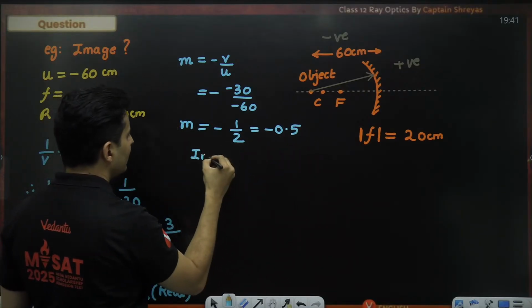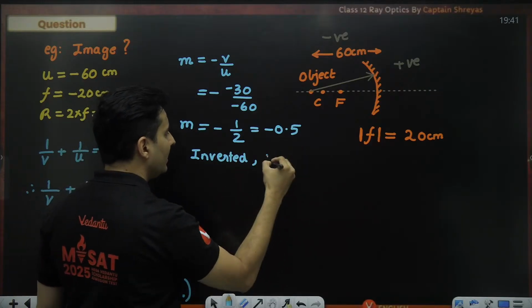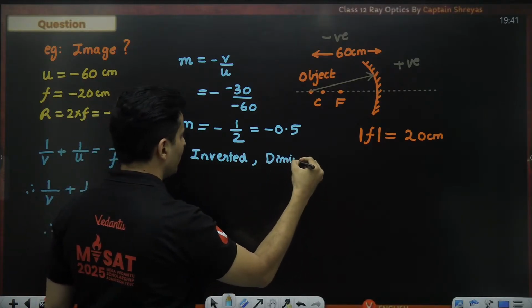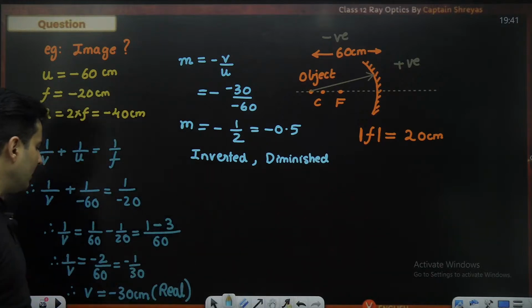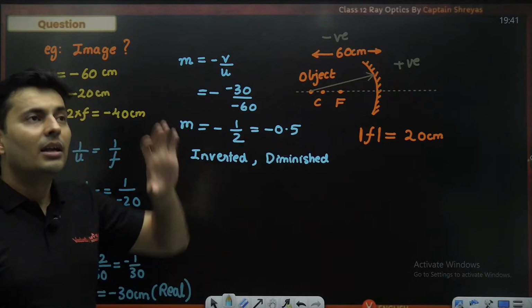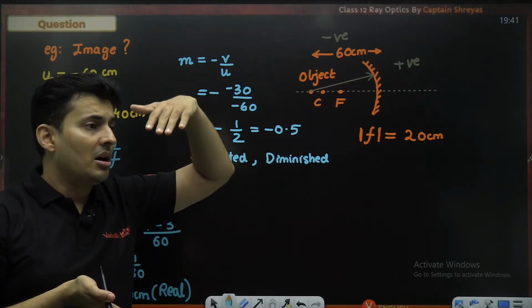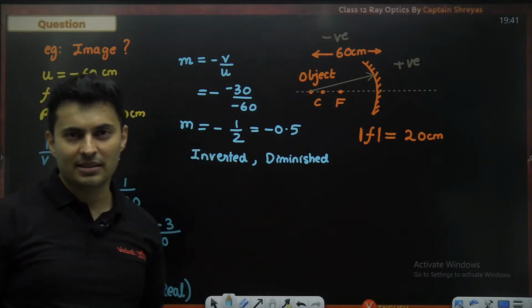Minus tells me it is inverted in nature and 0.5 tells me it is diminished also. So it is diminished, it is inverted, it is real at a distance of 30 centimeters. 0.5 means if object was 10 centimeters, image is 5 centimeters, half the size.